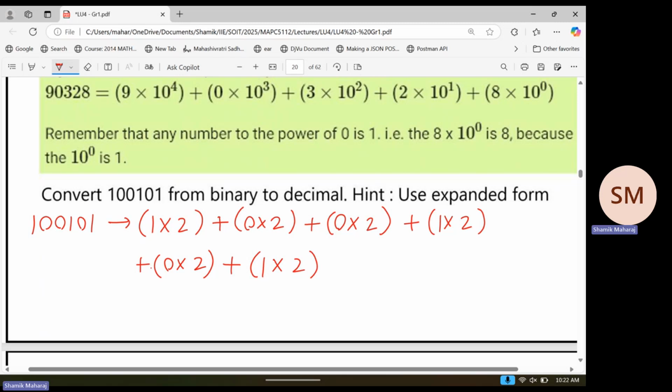Where did I lose you guys? I'll just explain that again. So this form here, we always write something times 2. Everything is times 2, right? That doesn't change. Where these numbers in front come from, the 1, the 0, the 0, the 1s, is just from here. The first one's a 1, the second one's a 0, third one's a 0.